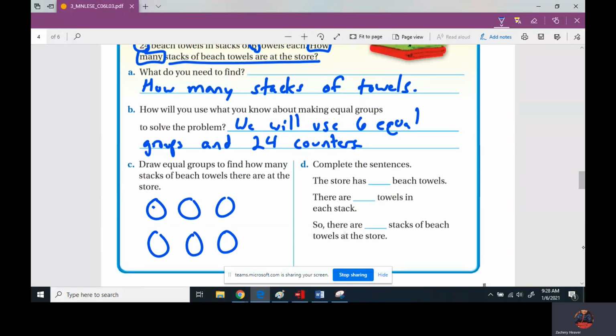So 1, 2, 3, 4, 5, 6, 7, 8, 9, 10, 11, 12, 13, 14, 15, 16, 17, 18, 19, 20, 21, 22, 23, 24. So each group, we know the store has 24 beach towels, and there are 6 in each stack. How many are in each group? We know there are 4 stacks of beach towels at the store.